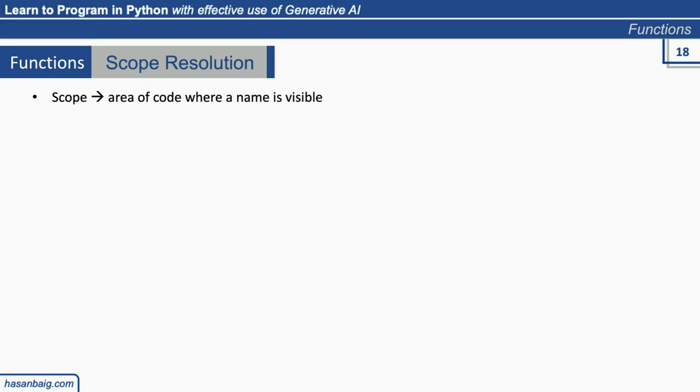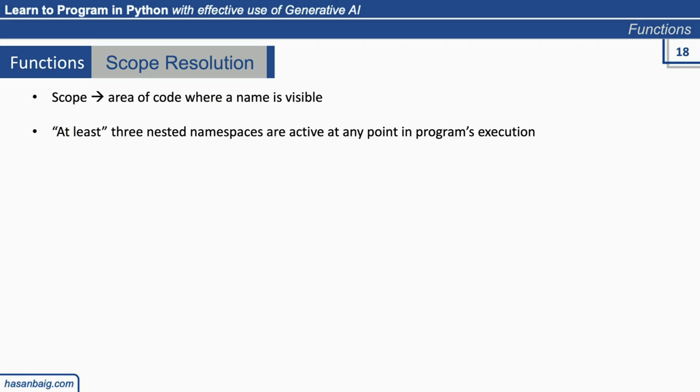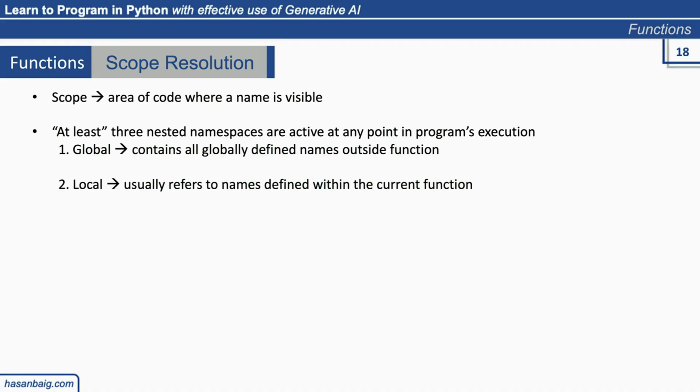So when we create a Python file, there are at least 3 nested namespaces active at any point of program execution. The first one is global, which contains all globally defined names outside functions. Another one is local. We have already talked about it. Anything that is defined inside a function is generally referred to as local, and that space is called the local namespace.